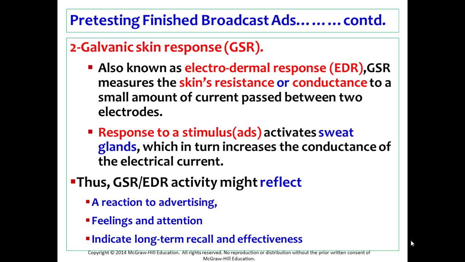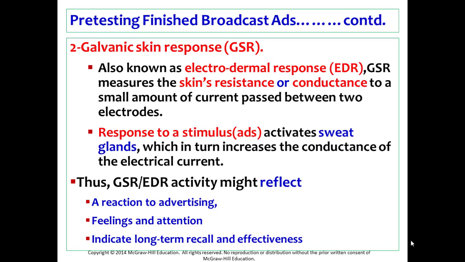In this case we again use electrodermal response, EDR, or GSR, the galvanic skin response device. This device is used to measure the skin resistance or conductance, and the skin resistance or conductance of the subject also responds to the stimuli by activating its sweat glands.